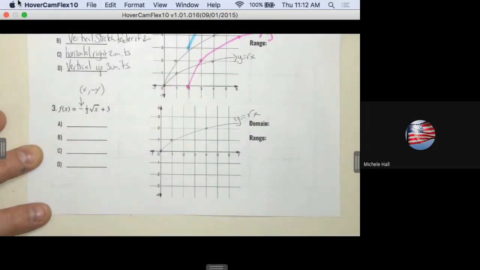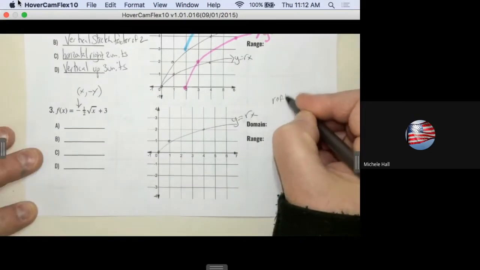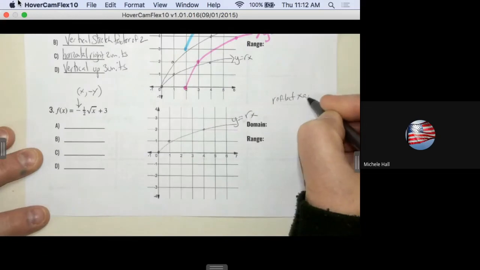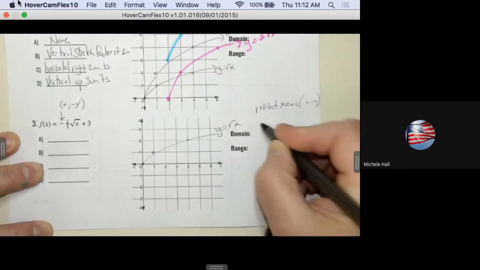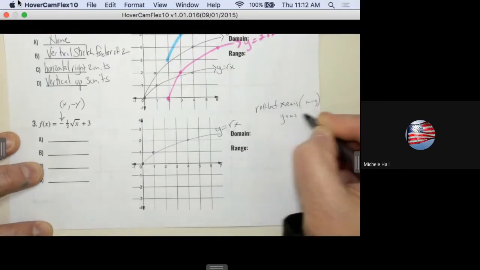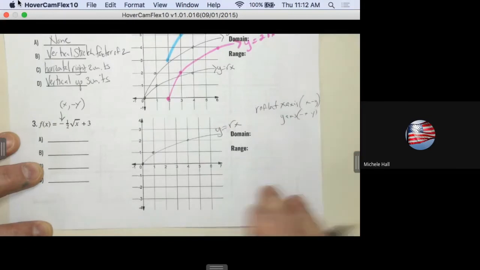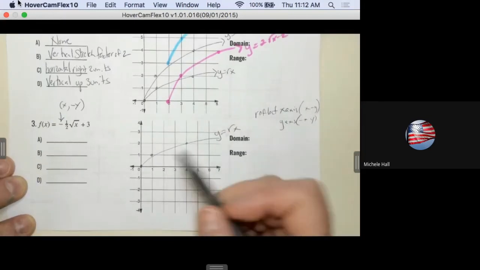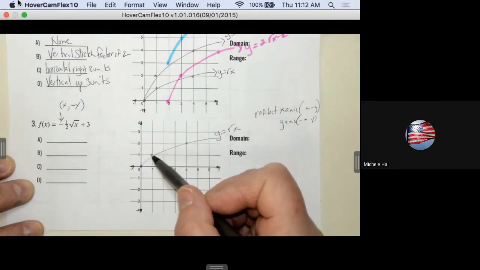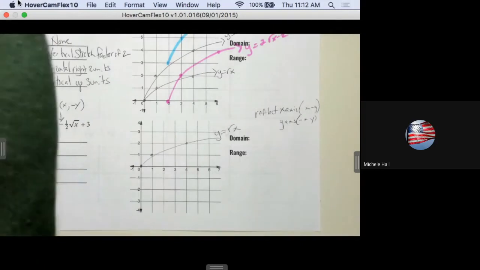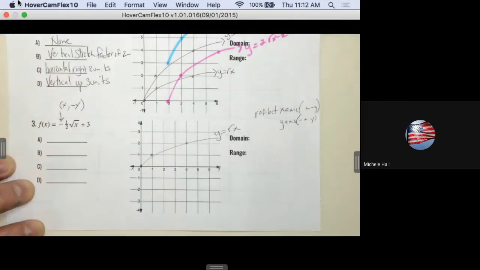So when I negate my y value, what does that mean? I need to change the sign on all my y values. Let me think about this for a second. To reflect over the x-axis, you negate the y. To reflect over the y-axis, you negate the x. So let's see what happens when we change the sign on all of the y values. This is where y is 1, and now it's going to be down at -1.